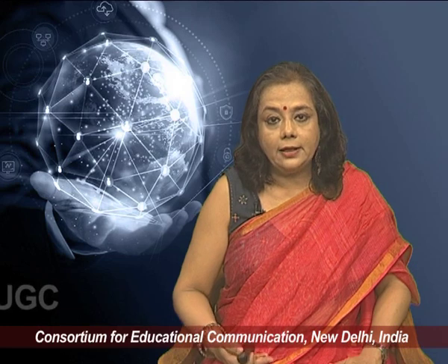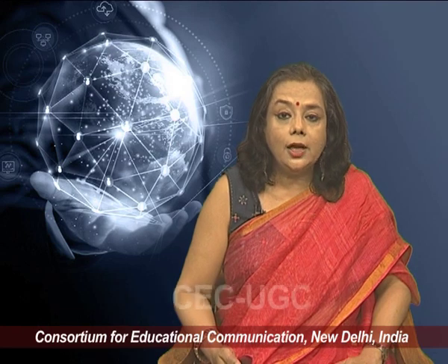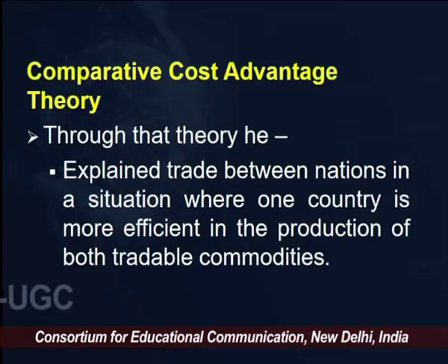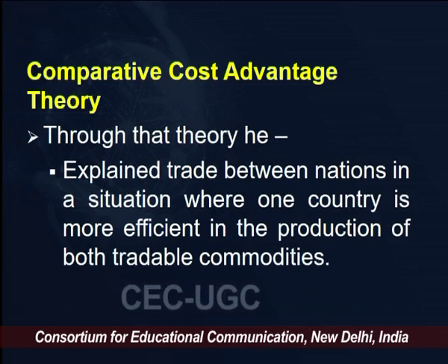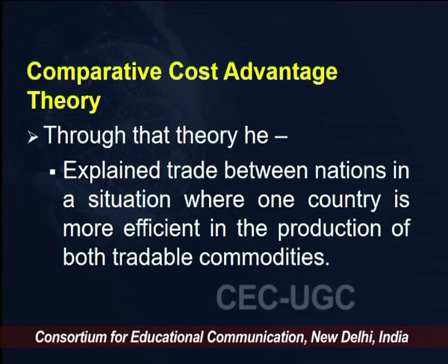Through that theory, he explained trade between nations in a situation where one country is more efficient in the production of both tradable commodities. So, if one country is efficient in the production of both the products, then also international trade will happen.